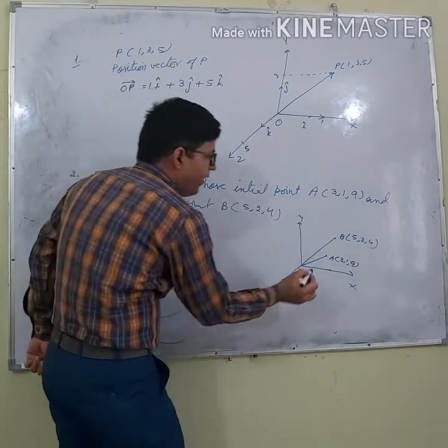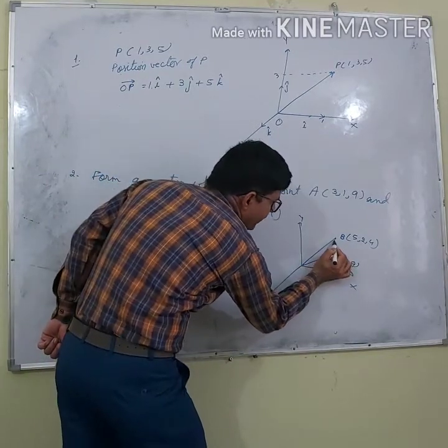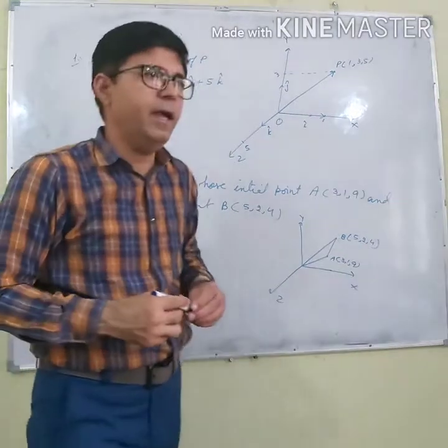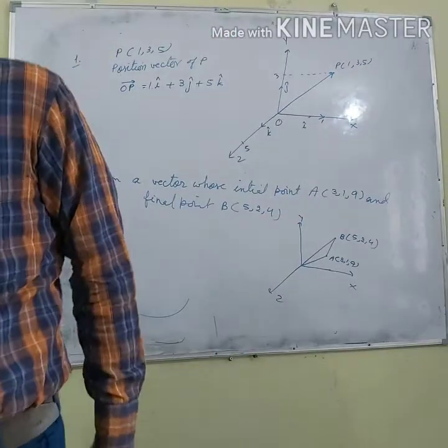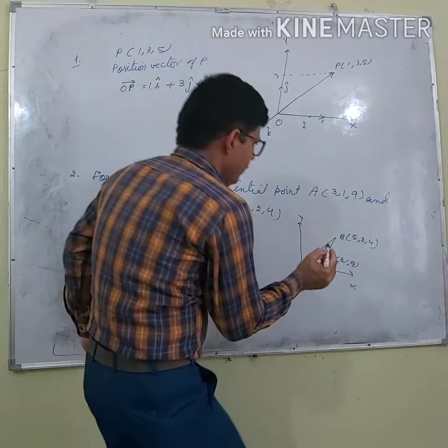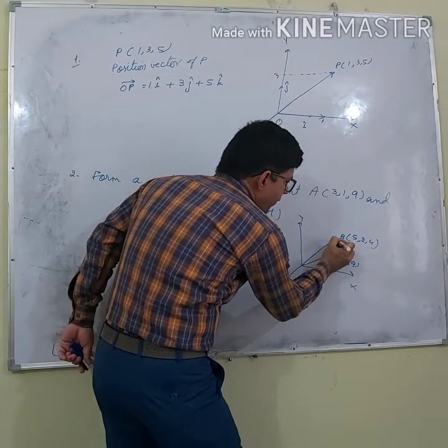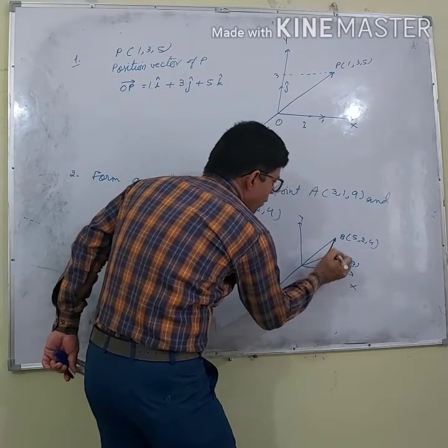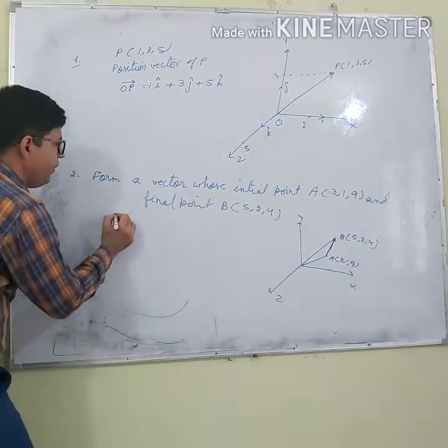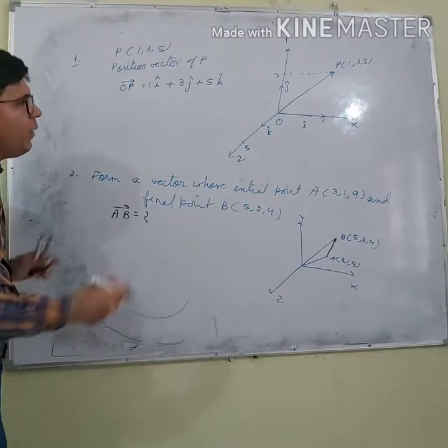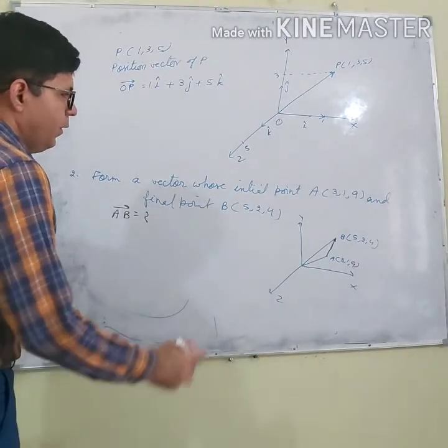What I have to find? I have to form a vector whose initial point is A and whose final point is B. So I have to form a vector AB. How can I form the vector AB?